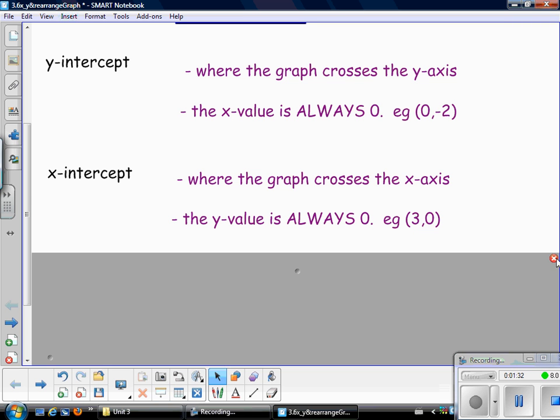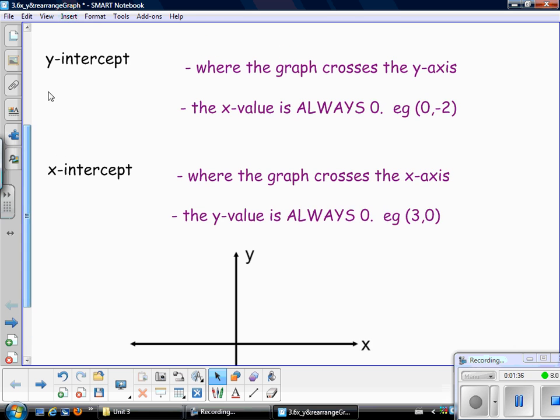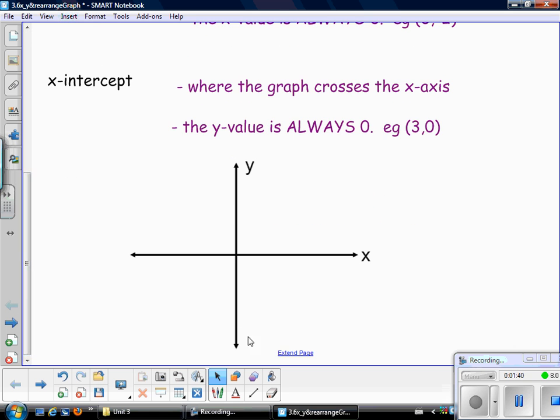So if I actually just very quickly do a graph, what that means, if my y-intercept is -2, it means that on the y-axis, I would put a point at -2. And I know that my value of x at that point is 0.